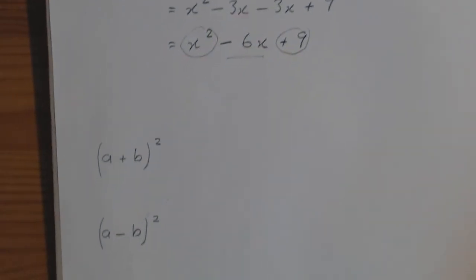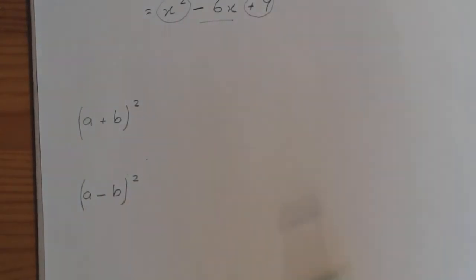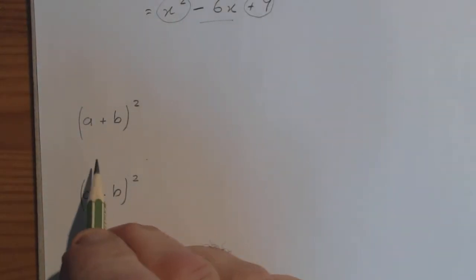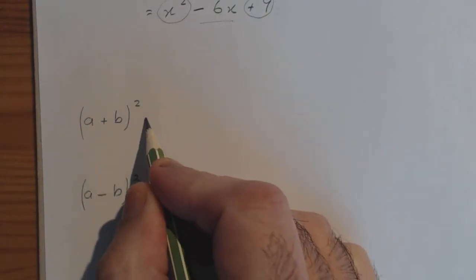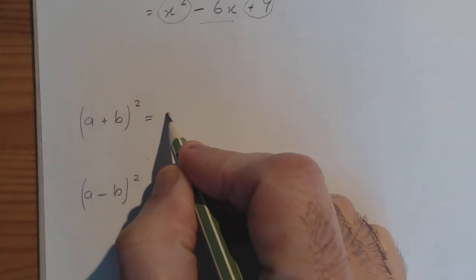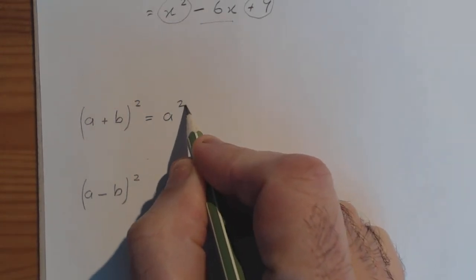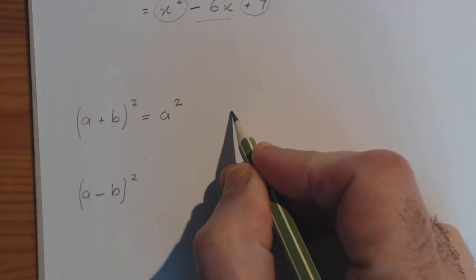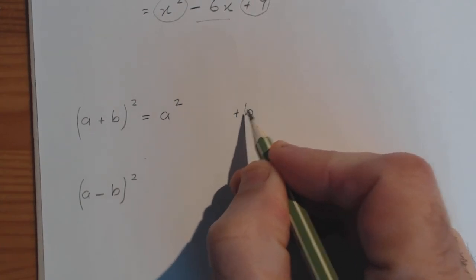So now let's have a look at the general form. If we have a plus b all squared, I can square the first term and get a squared. I square the last term and get plus b squared.